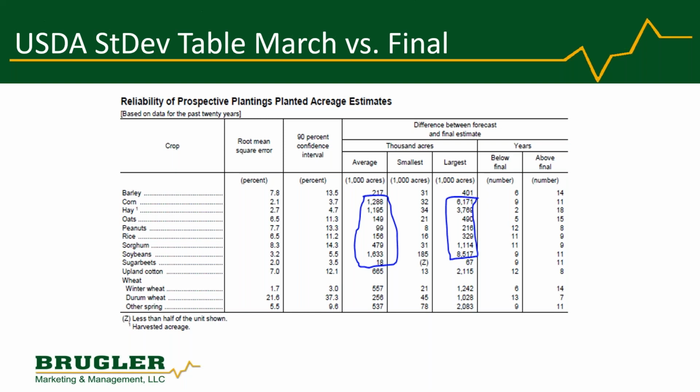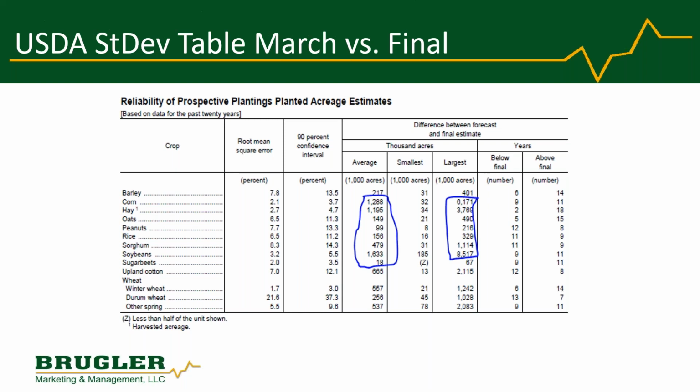That's what prevented planting is all about. But these would be typical increases in acres for those two crops based on the normal reporting sequence. It is possible to be much bigger. The right-hand column shows you that the largest variance from March to final was 6.171 million for corn.